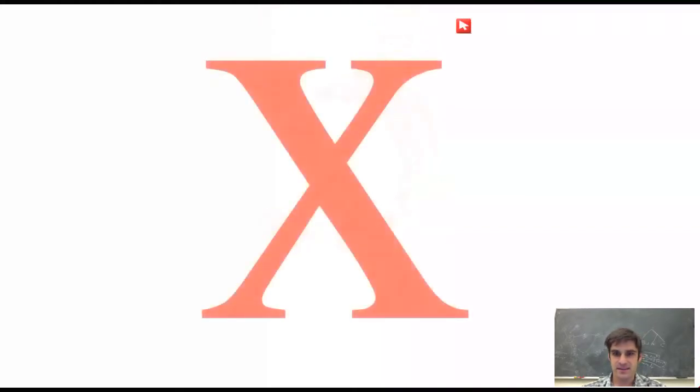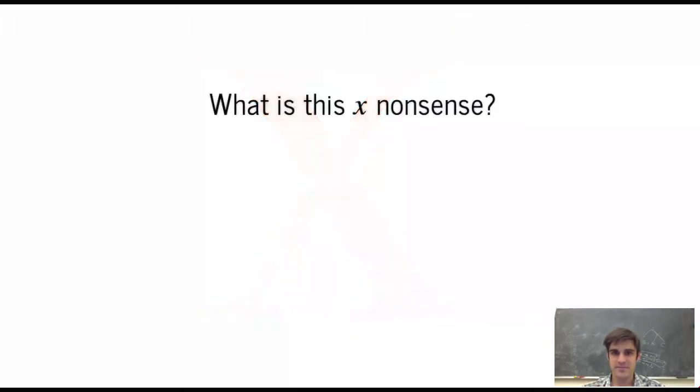Another abstraction that we are also fairly used to is little x. So this is little x, and little x is something that we use to denote some unknown variable. For example, we can use it in equations.